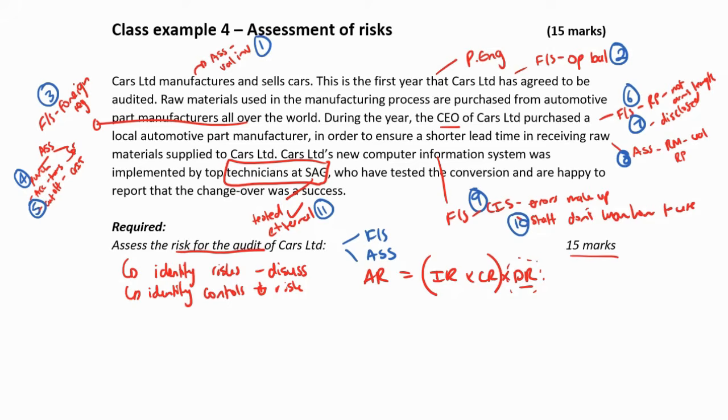So, opening balances, we put one risk here. The risk that the opening balances are misstated because they were not audited in the previous year. I'm going to now tell you there are 2 additional risks that you can add for opening balances. There's a risk that the opening balances are misstated because we were not the auditors in the previous year, so we don't have experience.